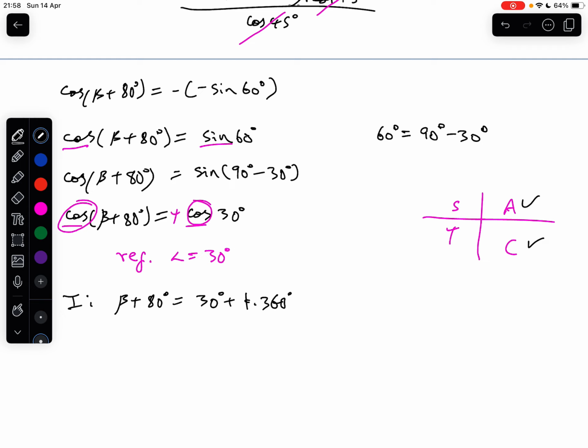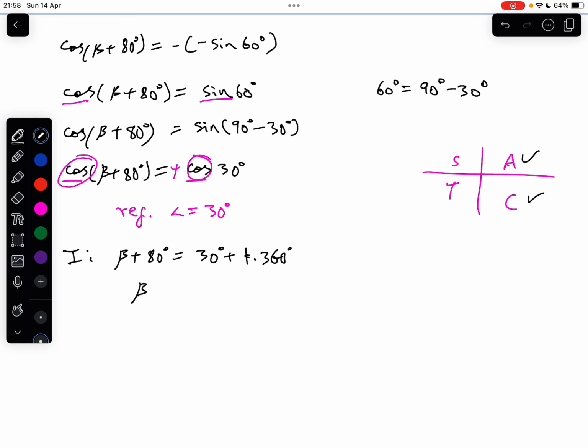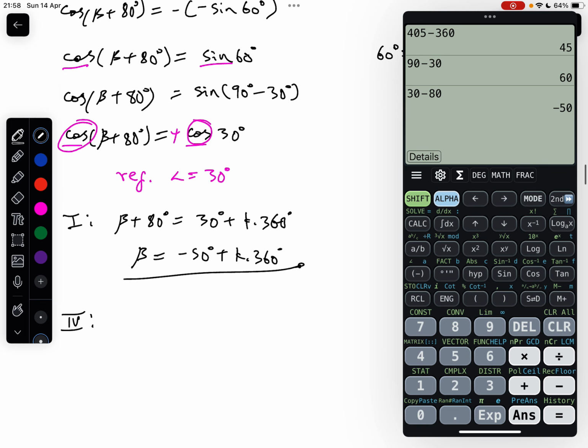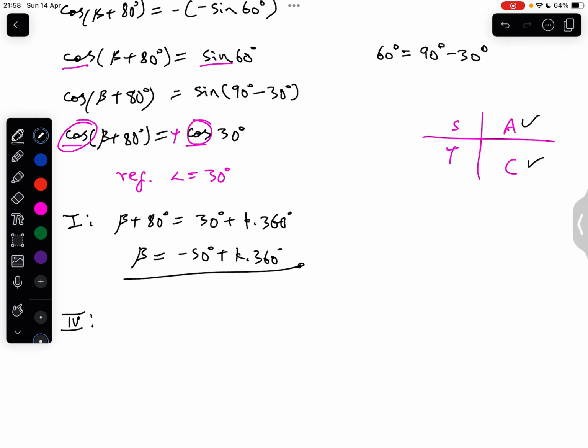Okay, beta equals 30 minus 80, that's negative 50. This is our general solution. For quadrant 4, what do we say? We say beta plus 80 degrees equals 360 degrees minus the reference angle plus k, 360 degrees.